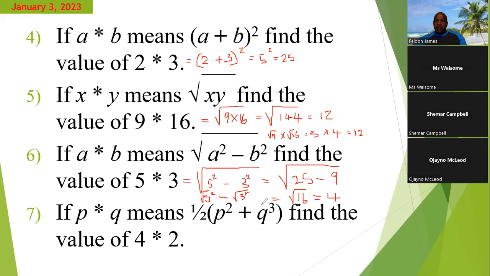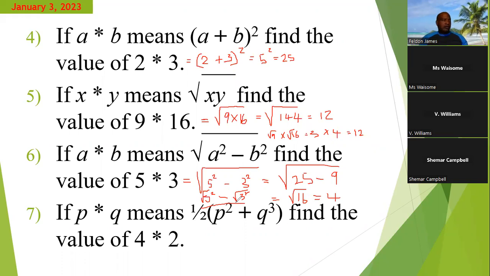Now, what would be the problem with this question? Could we do it this way? If we try to separate what is under the square root sign, could we actually go that route? No, sir.